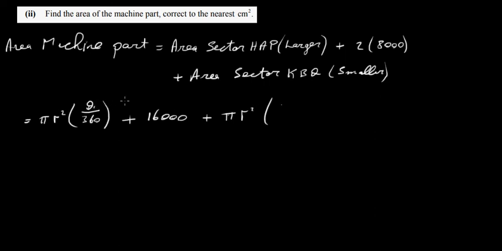We'll actually call this theta 1, we'll call this radius 1, we'll call this theta 2 because it's a different angle, and it's going to be over 360 degrees. There's going to be another radius. So let me just explain what these 1s and 2s are here. Well, we've got our large circle.